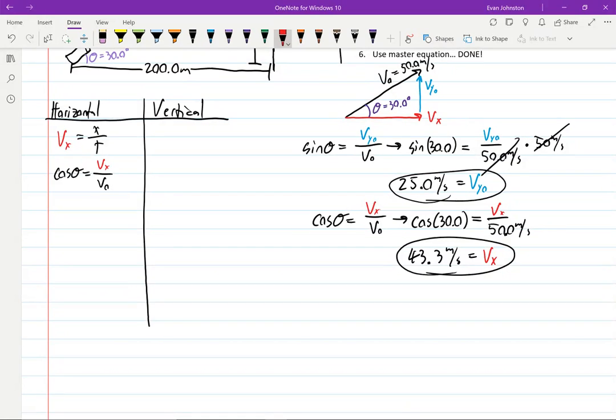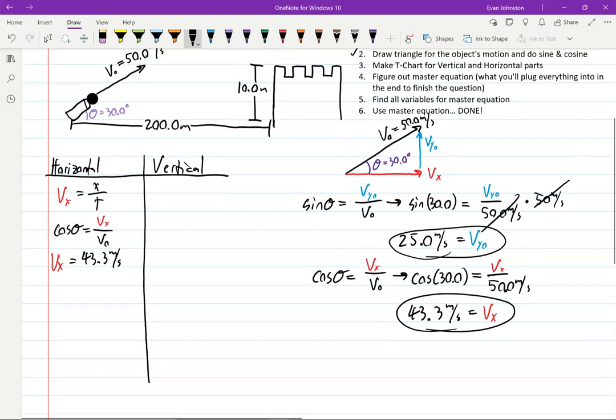But we also do know, since we did step 2, what the x velocity is. So I'm just going to put that over here. This is already a lot to keep in mind at once, so it's nice just having it down here.